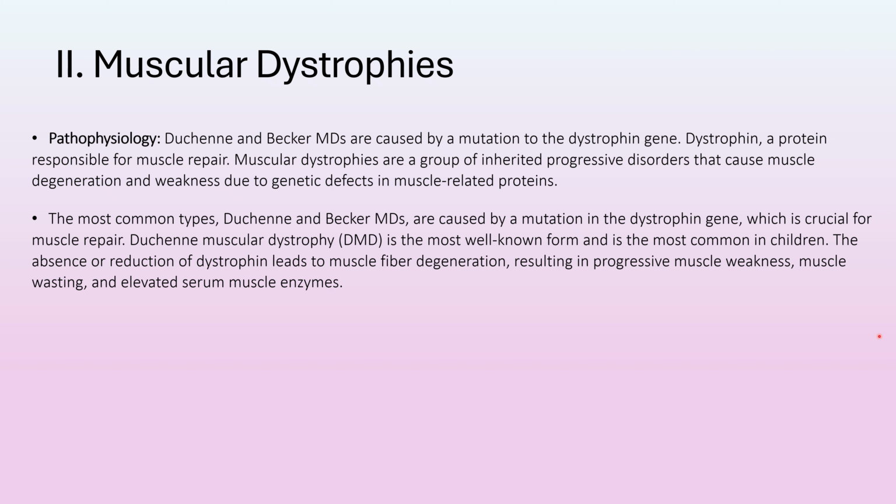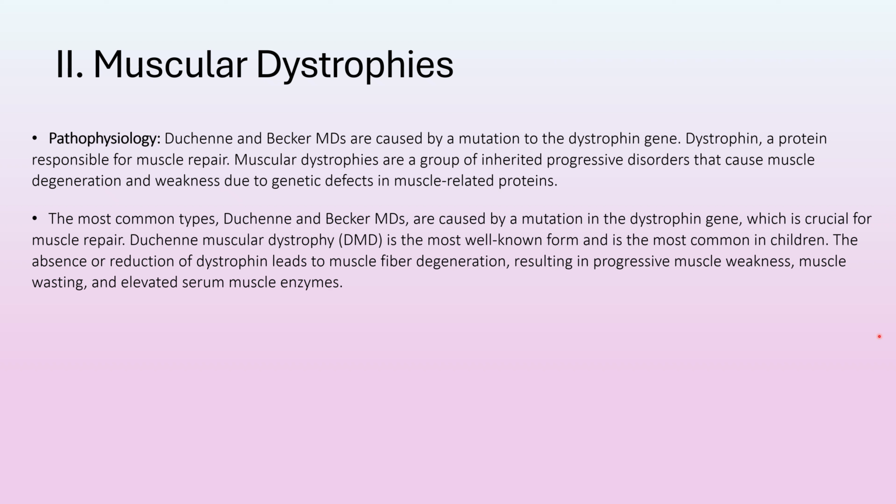So myotonic dystrophy, most common form of MD in adults. Inherited X chromosome link is the only known associated risk factor. It is caused by mutation to the dystrophin gene.